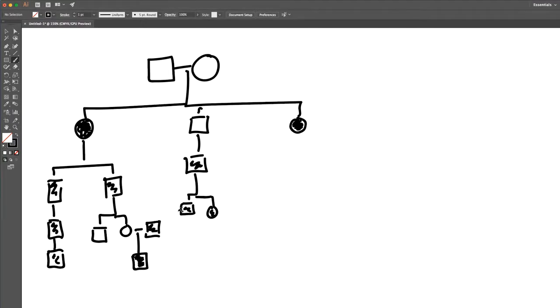And this son married an unafflicted woman, and they had an afflicted daughter.